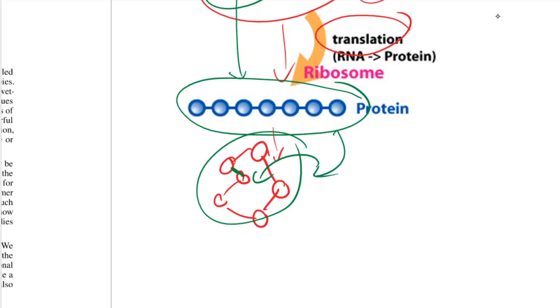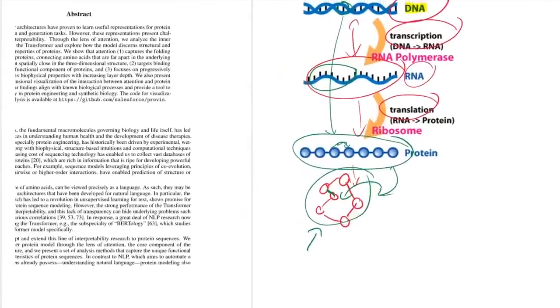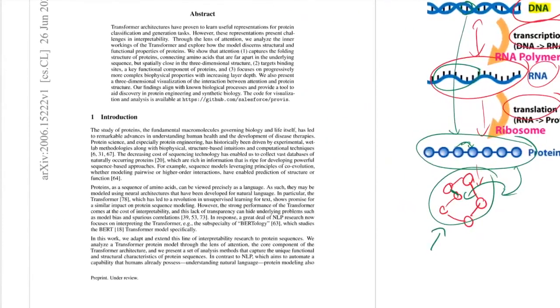You could train a model to just predict the 3D shape, but in this case, we're just interested, what does the BERT model learn about the 3D shape while only ever having been trained on predicting the sequence of amino acids. So it's never been trained to look at the 3D shape. And that's our goal here.